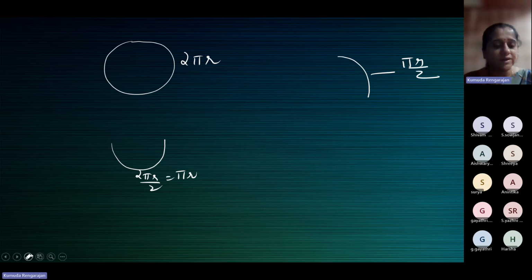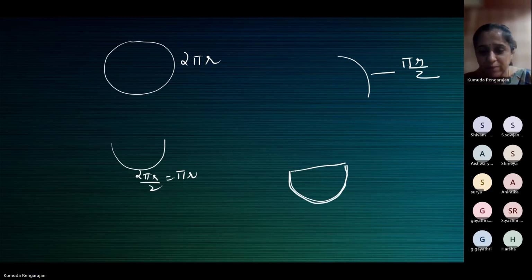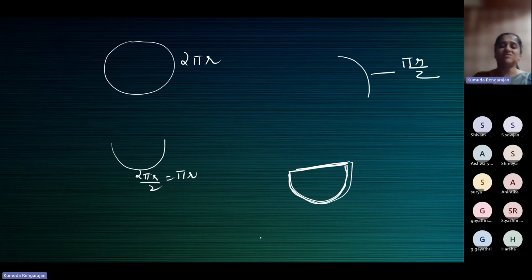Now, when you have to find the perimeter of this region, it is pi r plus r plus r, that is 2r, or pi r plus d, the diameter. The length of the arc alone is pi r, plus d, or plus 2r.